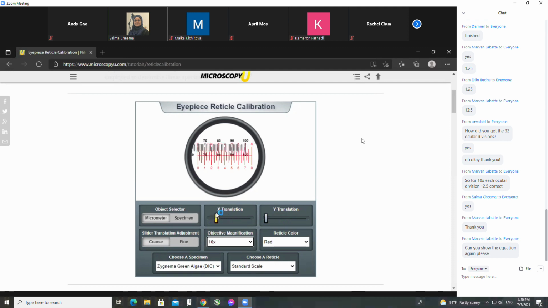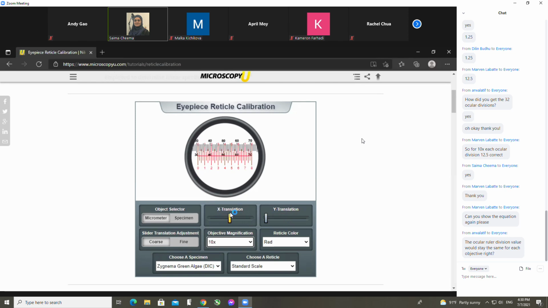So there are 100 units on the stage ruler, and that is where the 100 is coming from. That 1 millimeter has been divided into 100 units, okay? Okay. Oh, now I get it.